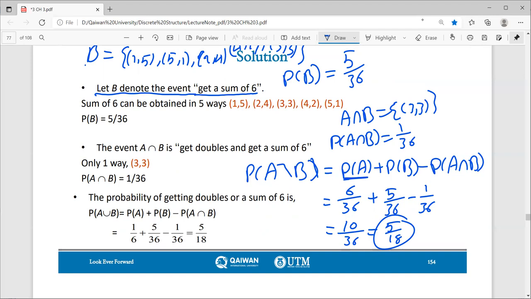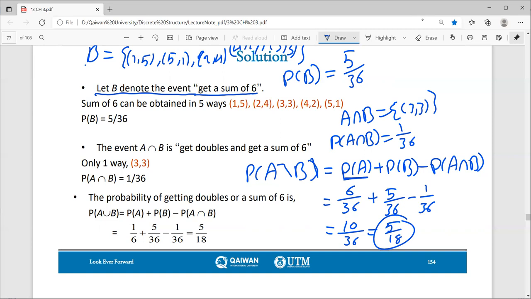The intersection of getting doubles and getting the sum of 6: we have only one element in their intersection, which is (3, 3). So the probability of their intersection is 1 over 36, because in our sample space we have 36 elements. So for the probability of any case, we divide by 36.